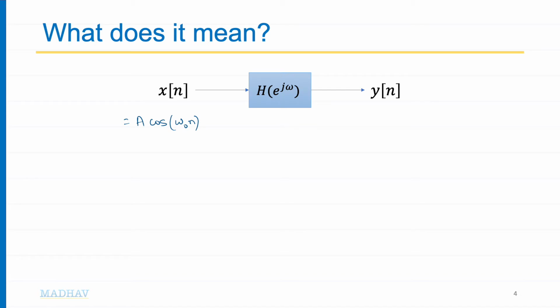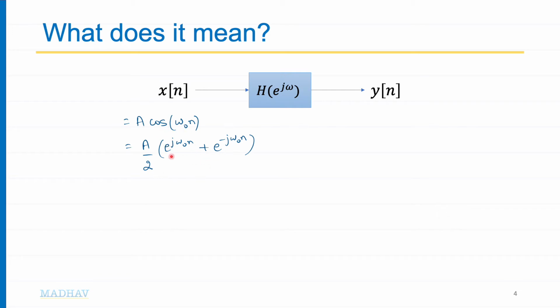Now I want to compute the response of the LTI system to this x of n. You can compute the convolution, but a simpler way is this: it is an LTI system, a linear system, so superposition and all those properties will hold. So why not decompose this signal into two complex sinusoids?